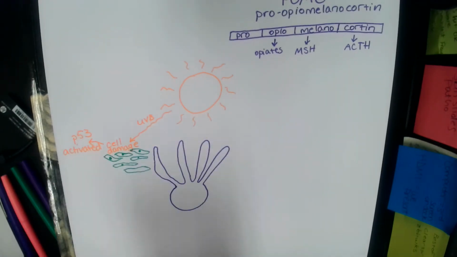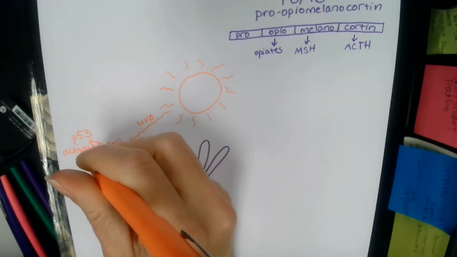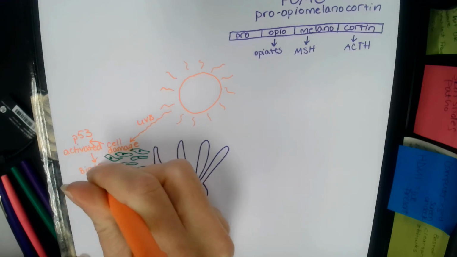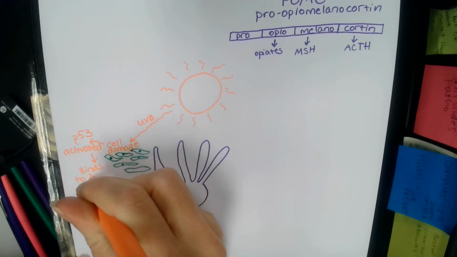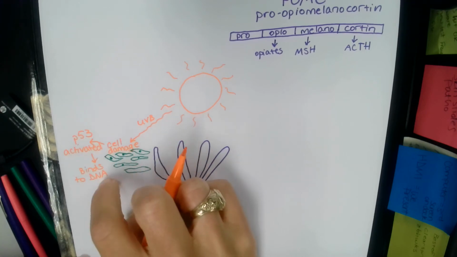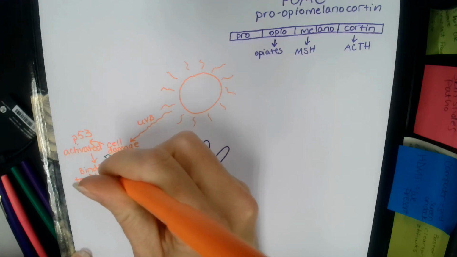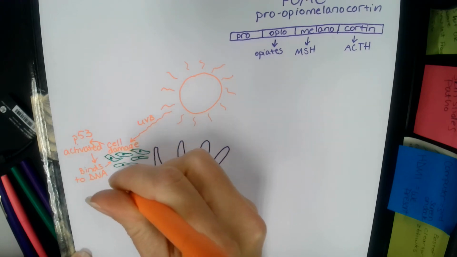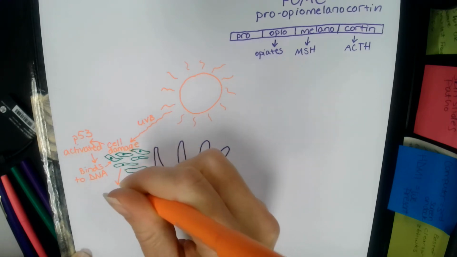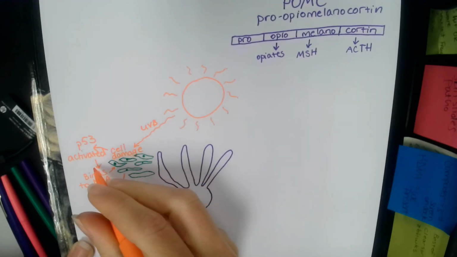It tells it to start transcribing and translating a protein. Okay, so it binds to the DNA, means it is a transcription factor because it binds directly to the DNA and causes transcription. So it binds to the DNA on the cell, right? So the cells begin to transcribe our big protein, pro-opiomelanocortin.